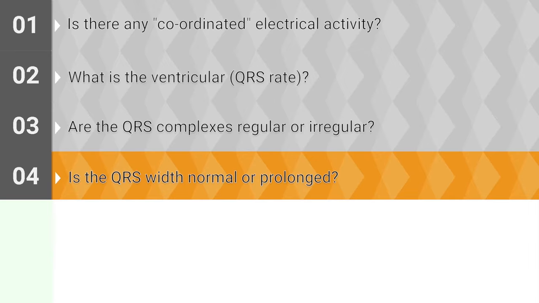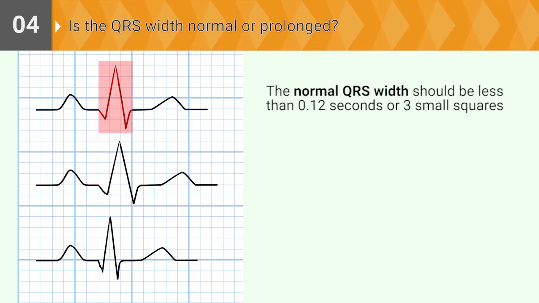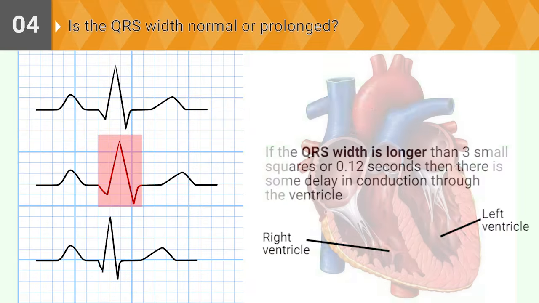Is the QRS width abnormal or prolonged? Remember that the normal QRS should be less than 0.12 seconds, or 3 small squares on ECG paper. If it is longer than 3 small squares or 0.12 seconds, then it is telling us there is some delay in conduction through the ventricle.